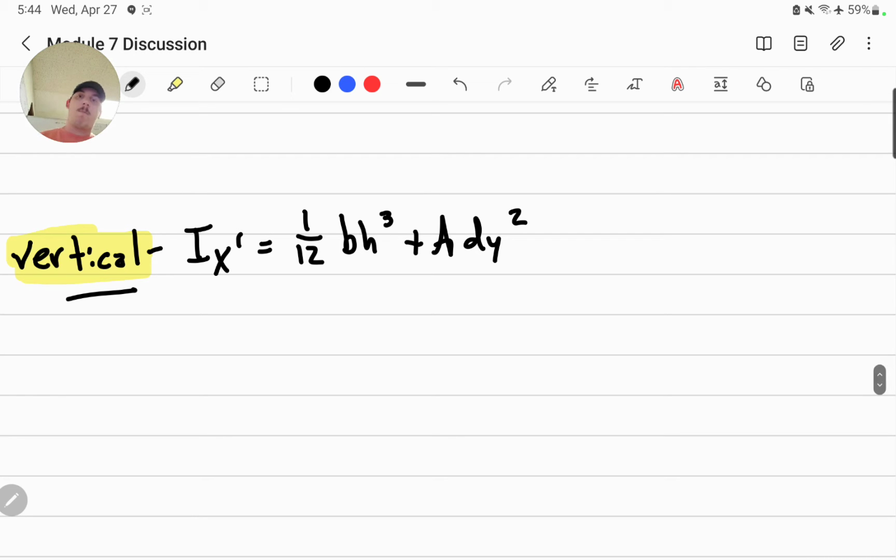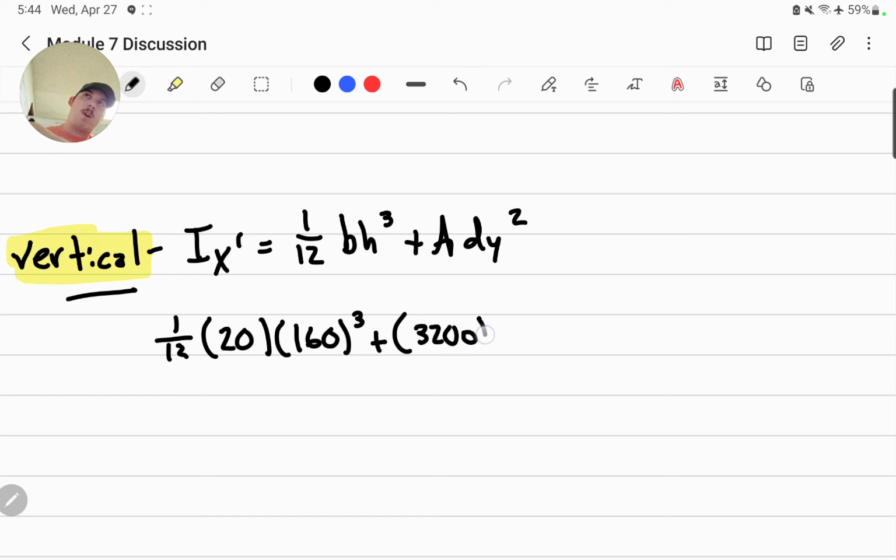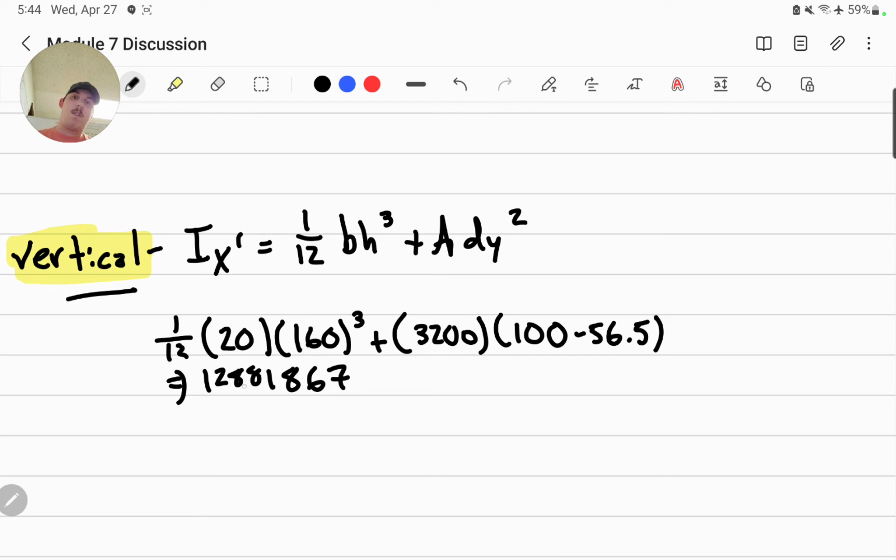I'm going to plug all my numbers in: 1 over 12, base 20 millimeters times 160 cubed, plus the area, 3,200 millimeters squared, times 100 minus 56.5 squared. That gives me a total of 12,867,000 millimeters to the fourth.